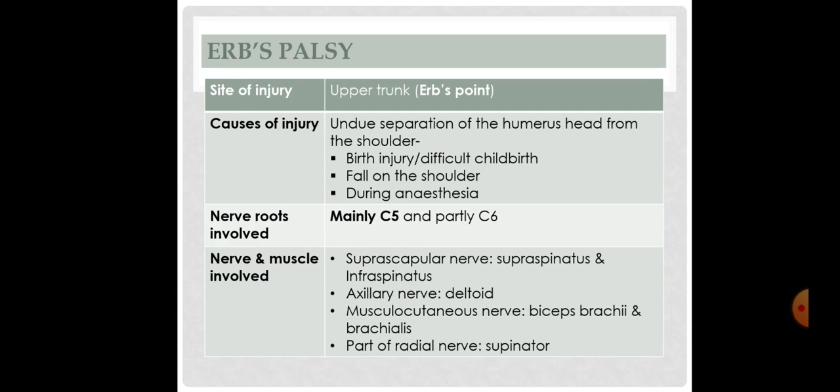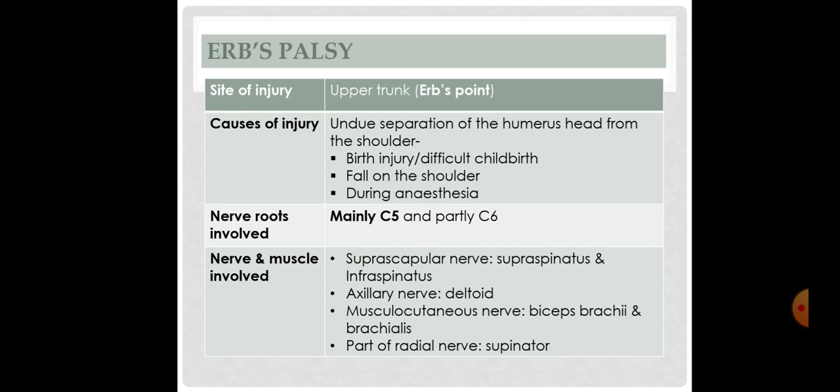If the deltoid and supraspinatus are paralyzed, no abduction will occur, so the deformity will be an adducted arm. Clear? Similarly, infraspinatus and teres minor are paralyzed, so no lateral rotation of the arm will occur, and the arm will be medially rotated. So the deformity of the arm is adducted and medially rotated.